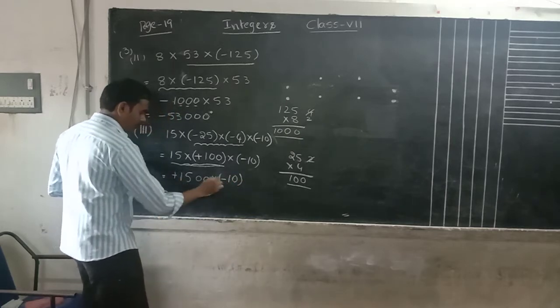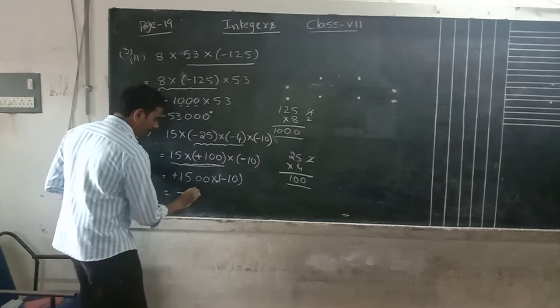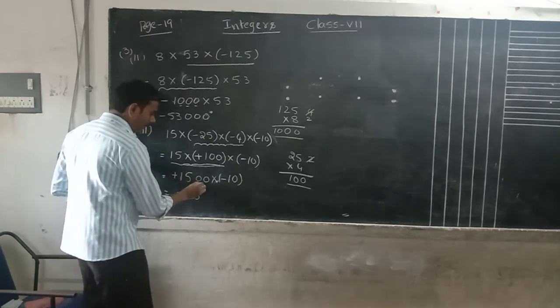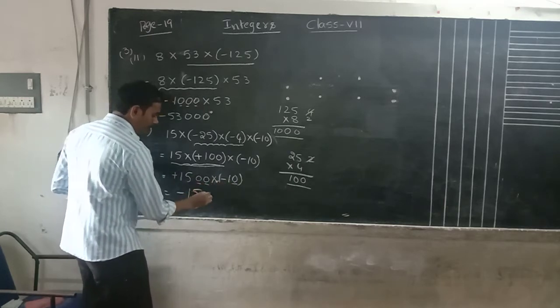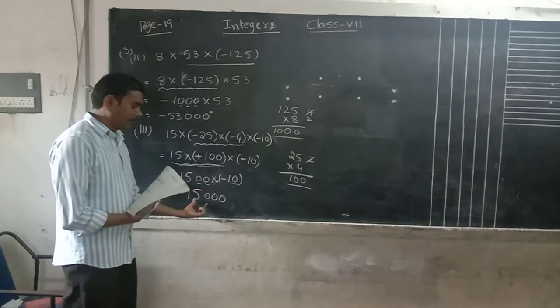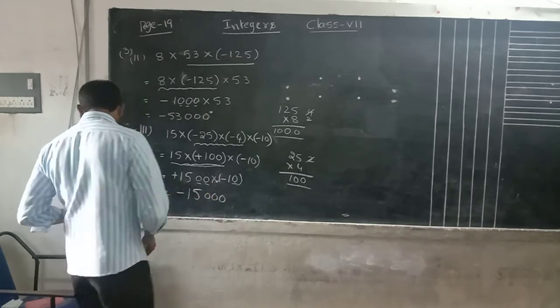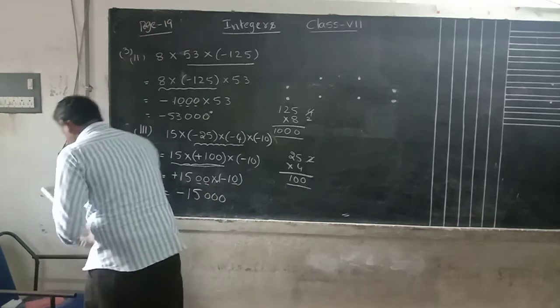Now we can multiply this: 15 into 1 is minus 15, and how many zeros are there? 3 zeros, you have to write 3 zeros. That means 15 tens are 150, and here 2 zeros are there, so you can write 2 zeros like that also. No problem. Now next.